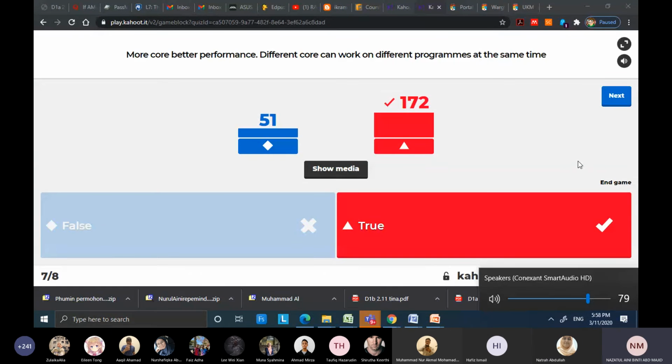Tapi nampaknya I think Kahoot maybe not possible to take as official quiz. Maybe we use UKM Folio. Maybe next week we do a mock quiz. Mock quiz means just to test. Is there any problem if we use UKM Folio for our official quiz? Okay, don't worry. This one is not for official one.